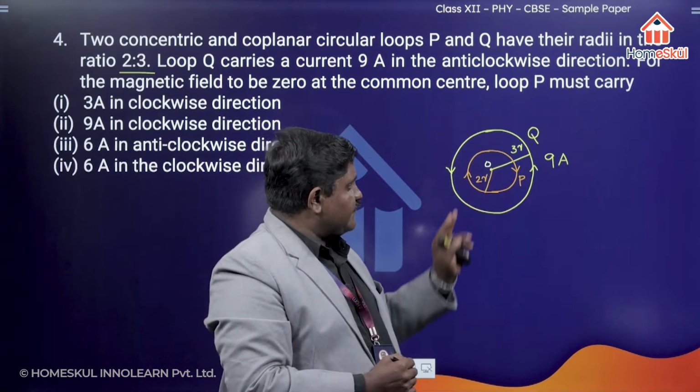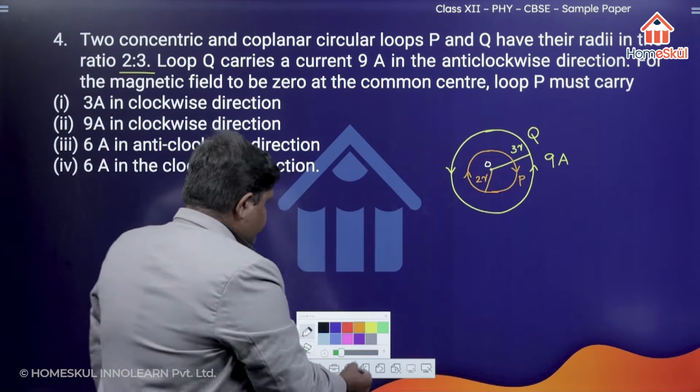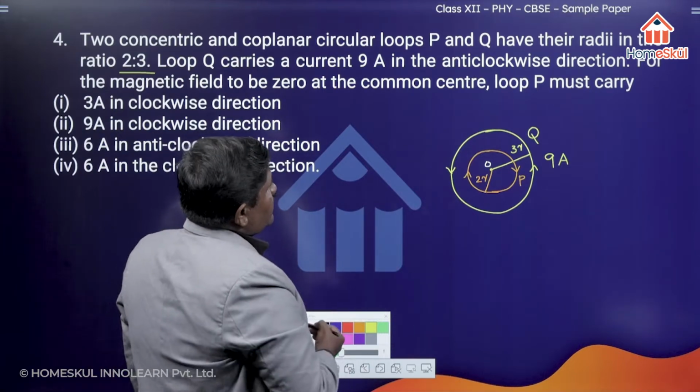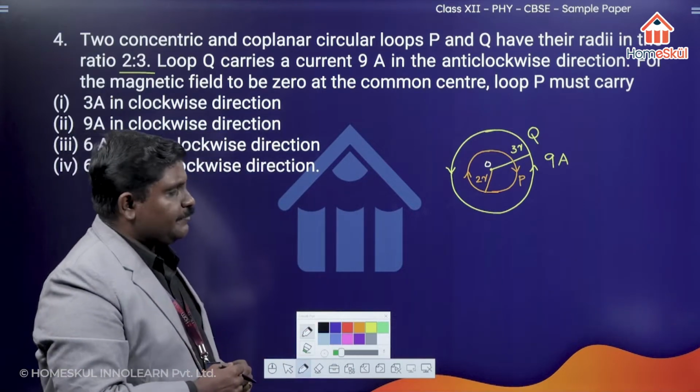Then only the magnetic field at the center O will be 0. The direction is given, but we have to calculate the current in the loop P.